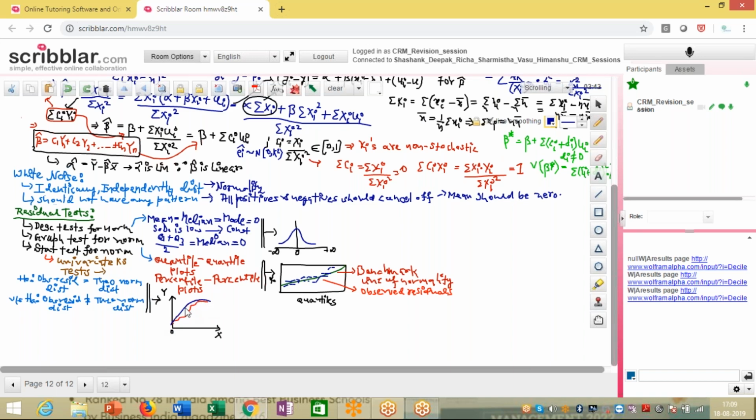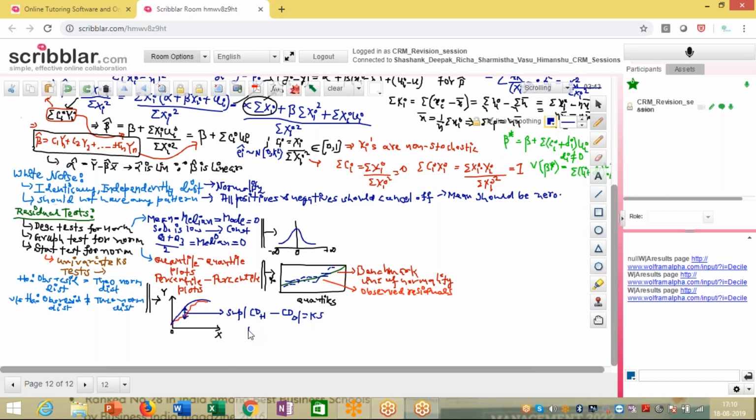So the maximum gap, the maximum absolute difference between these two distribution functions, say the supremum of the absolute difference between the cumulative distribution function of the hypothetical and the cumulative distribution function of the observed residuals, is your KS statistic.